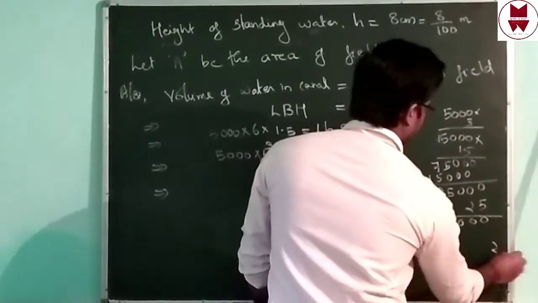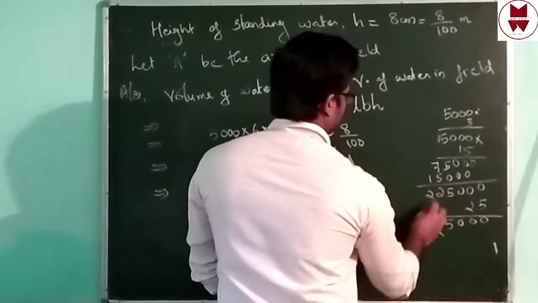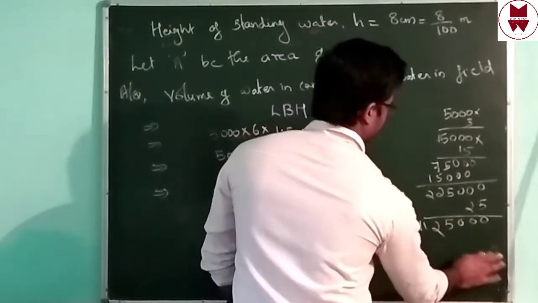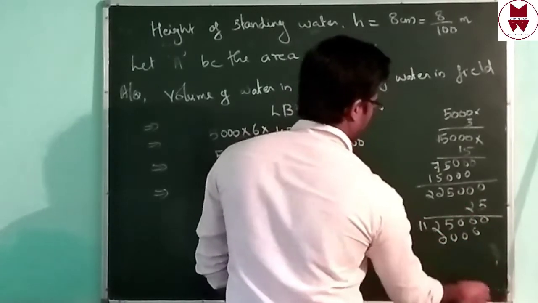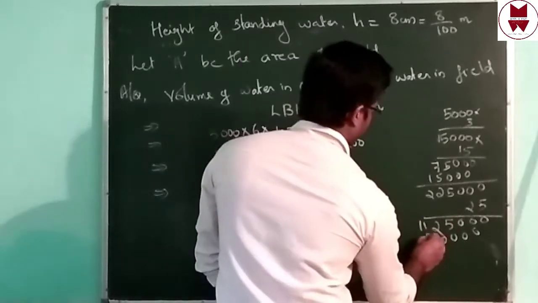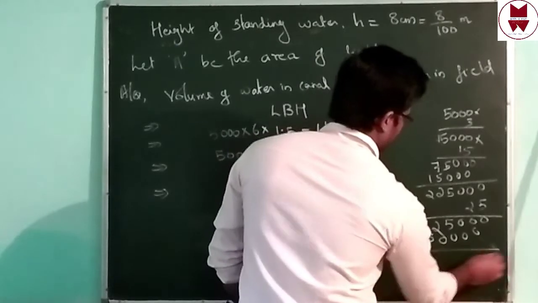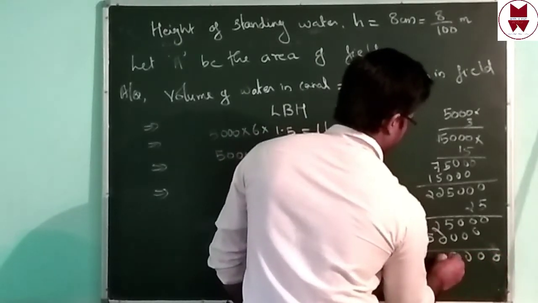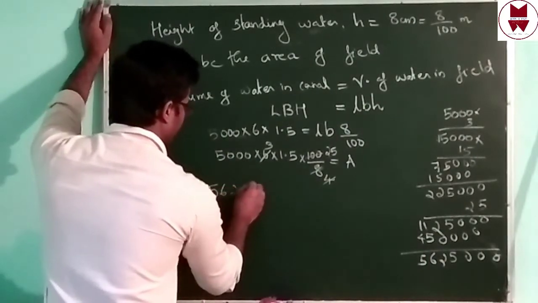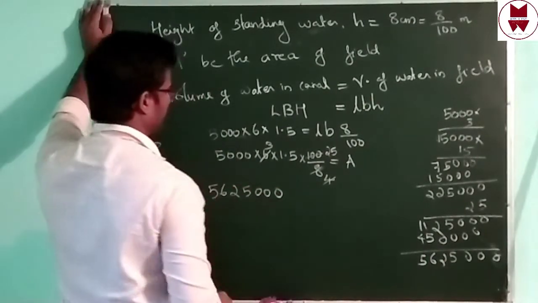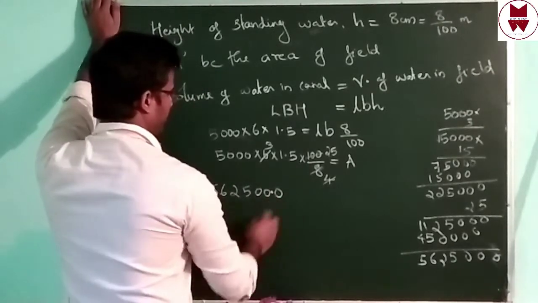Continuing the multiplication and division, after the point here one number is there, that's why in the answer also after the point one number, that is 0.